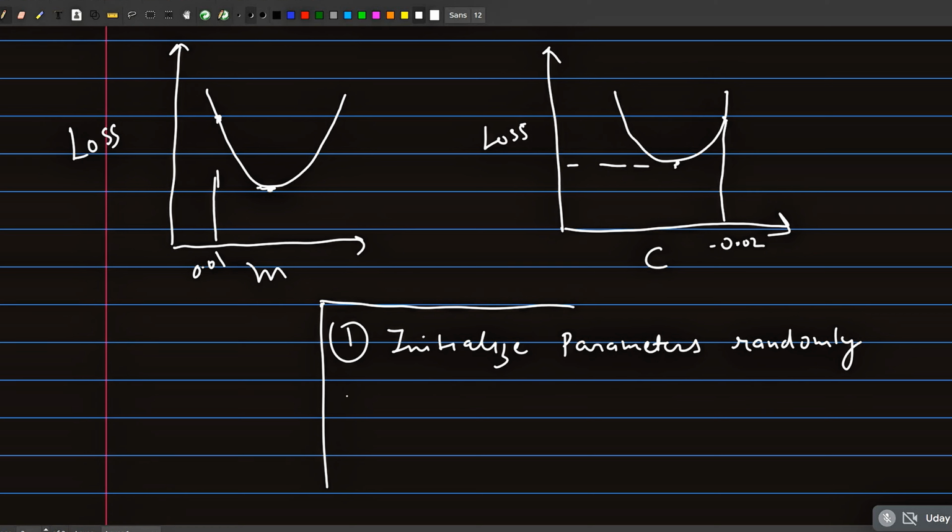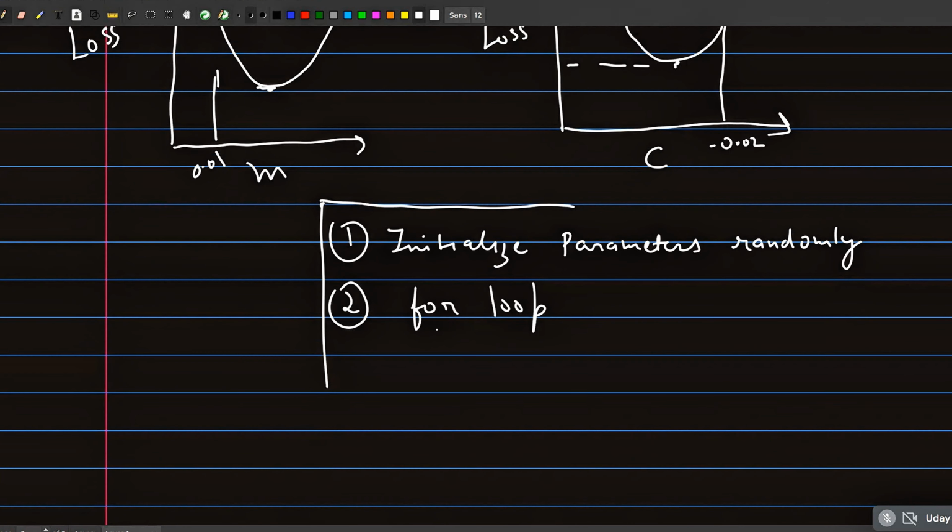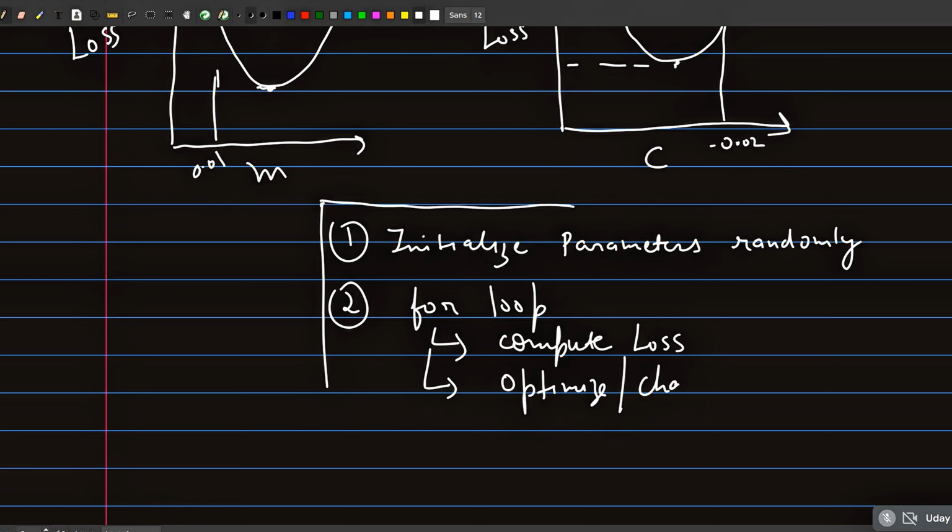Then second, let's take a for loop here, and in that we first compute loss. Then after computing loss, optimize or change the parameters.